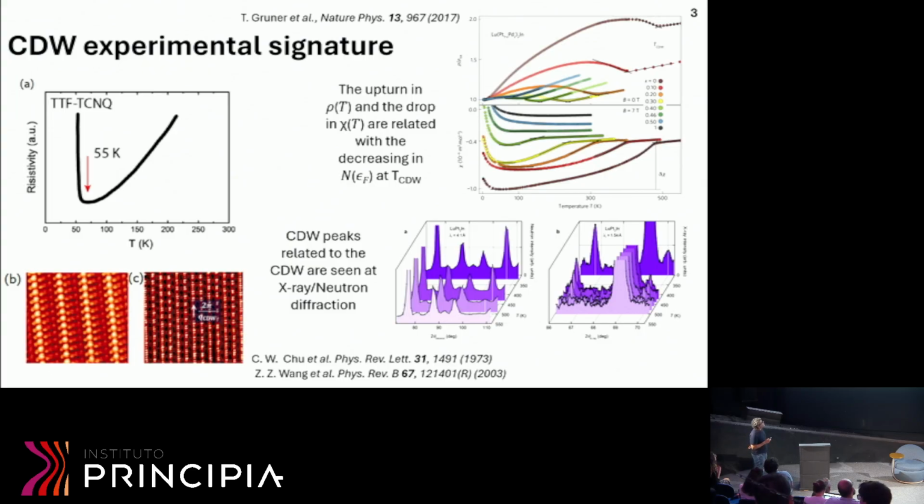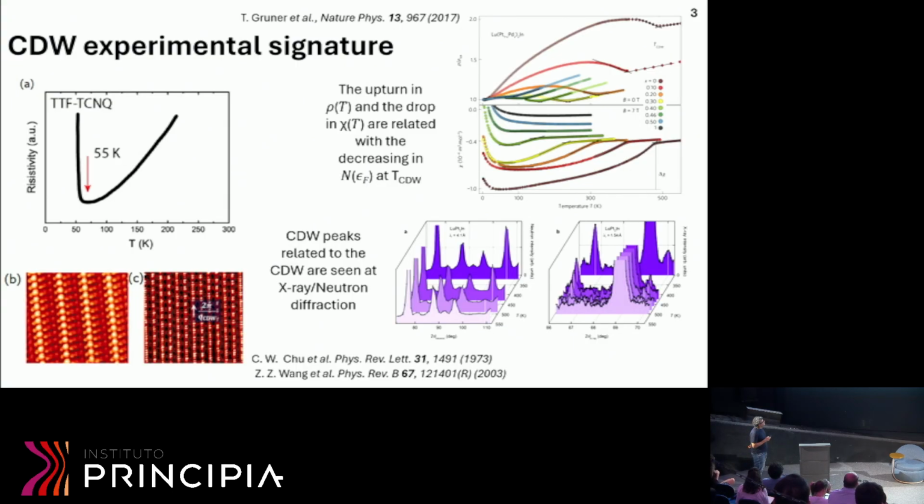But for 3D materials, this upturn is not as clear as in 2D, and it goes a little bit up here in this lutetium platinum indium compound. It also decreases the magnetic susceptibility because of this partial opening of the gap at the Fermi surface.